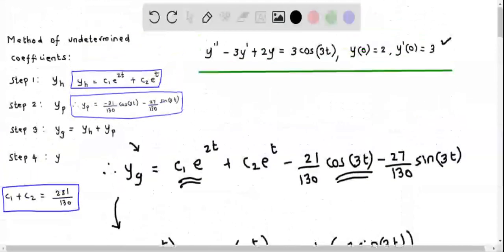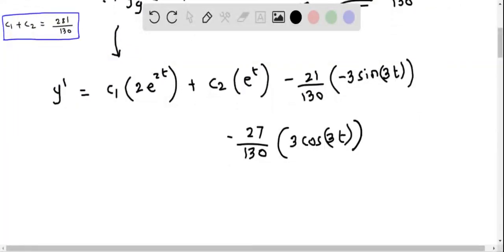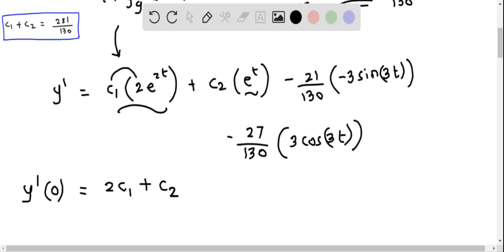Now let's replace t by 0, and y prime of 0 equals 3. So on this side we get y prime of 0. We have to replace all t's by 0. So this will become c1 times 2, that is 2c1, since e to the power 0 is 1. Plus e to the power 0 is 1, so it is c2. Wherever we have a sine function, when we replace t by 0, this becomes 0, so I can just ignore this complete term.